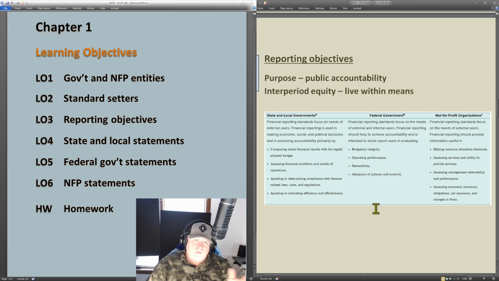Both of those constituencies want to know whether or not the government or the not-for-profit entity is using those funds correctly, in the best interest, or according to their mission. So stewardship is that concept.